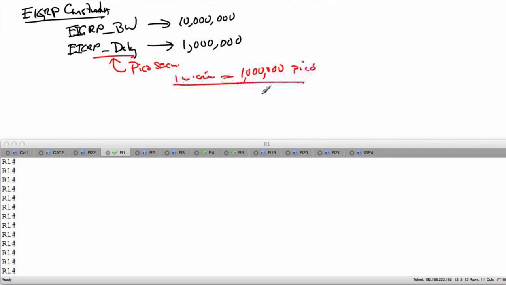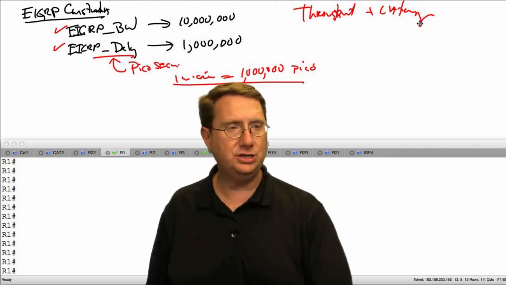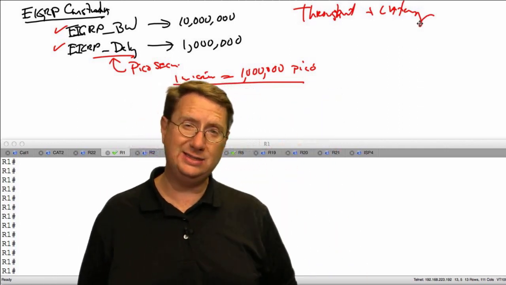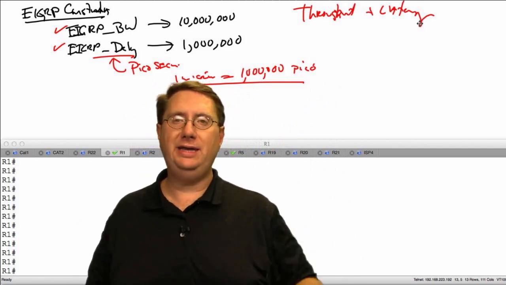Now, the reason I'm pointing this out is because we're going to use this EIGRP bandwidth and this EIGRP delay constant to determine what our actual throughput is and our latency. Because like I said, EIGRP named operation utilizes throughput and latency, but it's not going to be that simple.